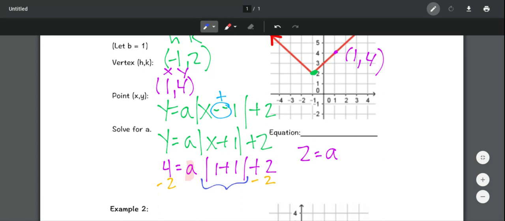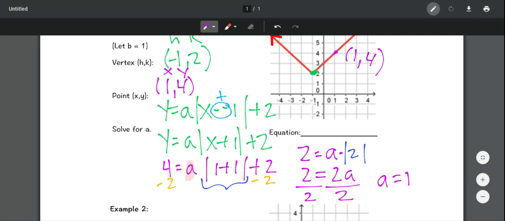This 1 plus 1 gives me 2. And remember, the absolute value of 2 is just 2. So I have 2 equals 2a. If I divide both sides by 2 to get a by itself, I know a is 1.